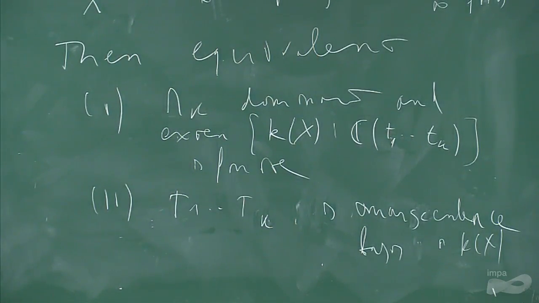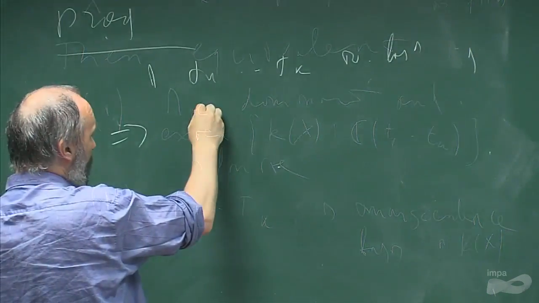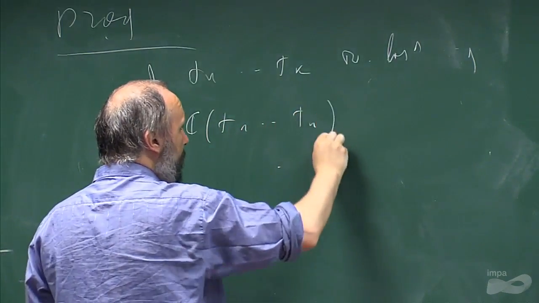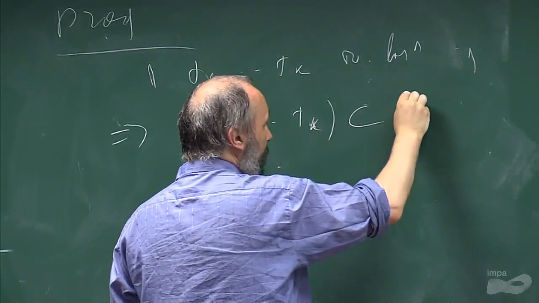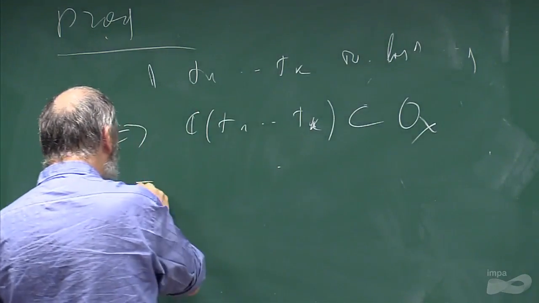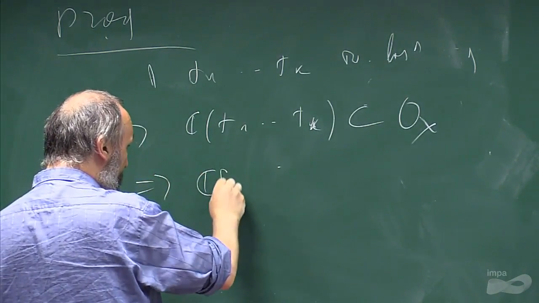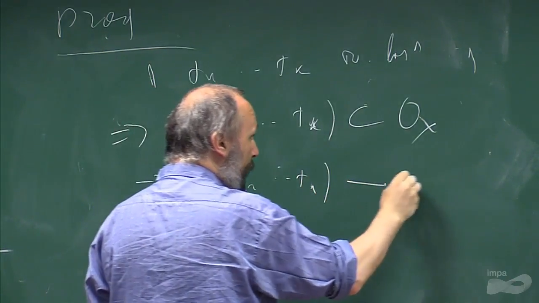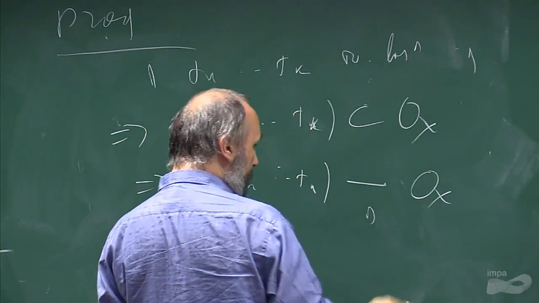So C[T1, ..., Tk] is embedded into OX, and then the corresponding map from polynomials in T1, ..., Tk to OX is injective.